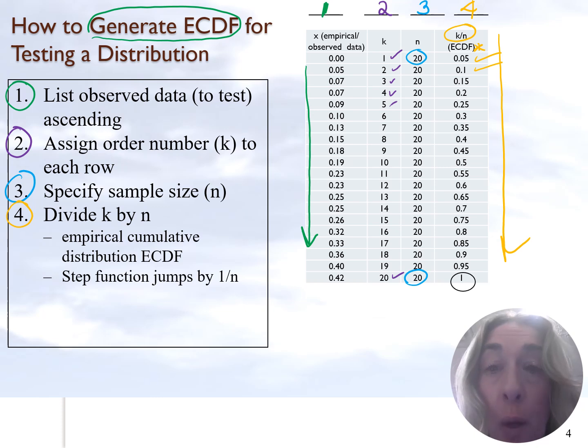So column 4 is actually a step function that jumps by 1 over n: 0.05, 0.1, 0.15, 0.2, all the way up to the value 1. What's happening here is that this value is accumulating, hence our cumulative distribution function. It's that step function similar to what we saw on the previous slide.